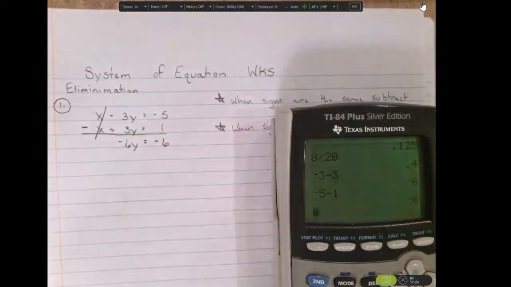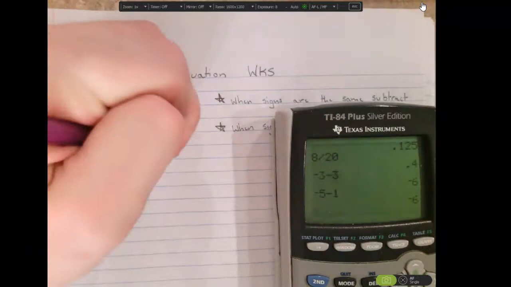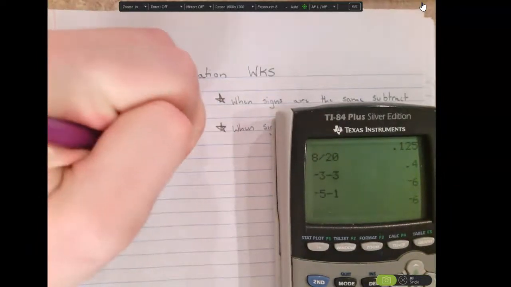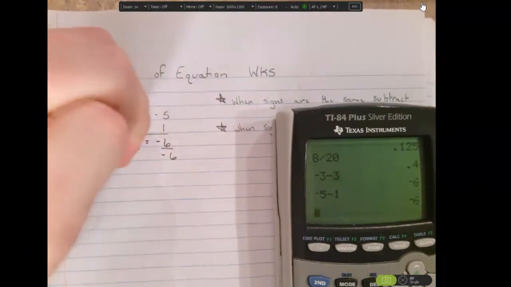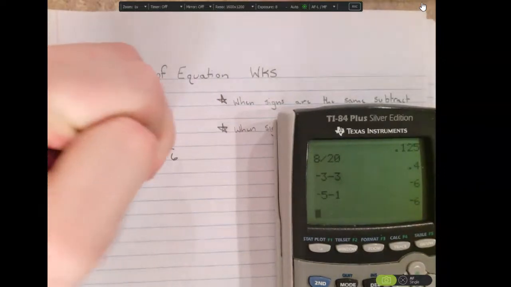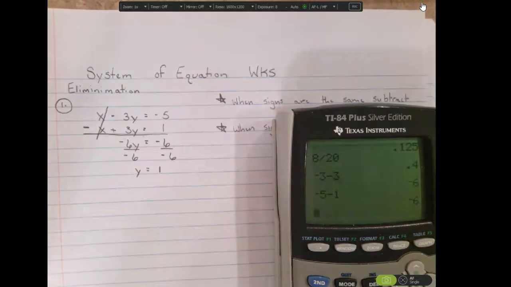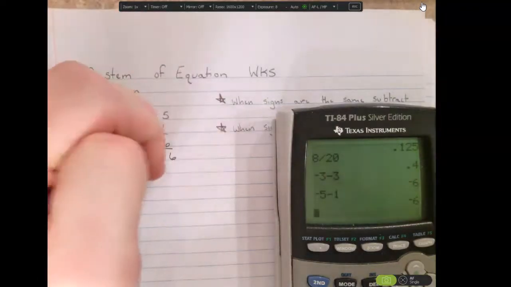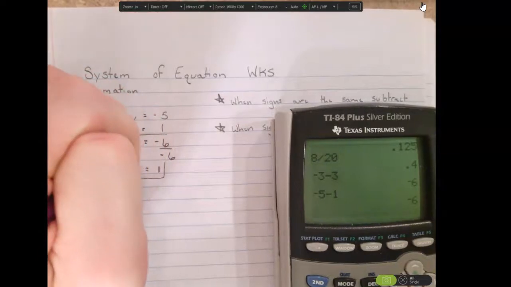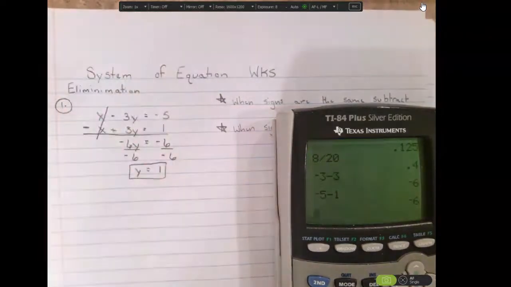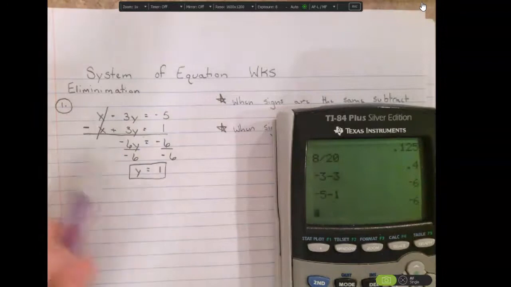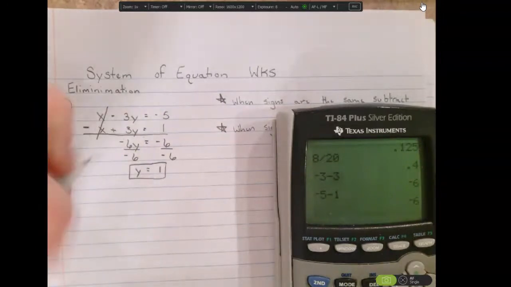Now I want to get y by itself, so I'm going to divide by -6 on both sides. y equals 1. Now I need to find x, because remember, when we do these, I also need to find what x equals. So I'm going to plug it right back in to my original problem.